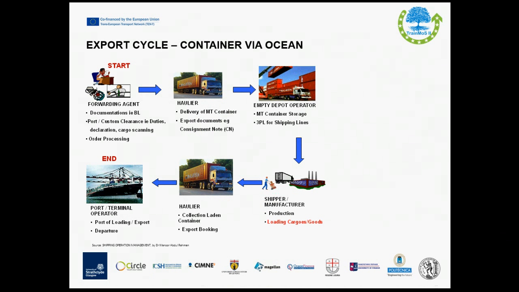It sends the container to the shipper, the manufacturer, the company that owns the cargo, which loads the goods on the container, and then the road transport company again collects the laden container, and the export booking is done, and then it goes to the port, the terminal operator, which is actually the port of loading and the port of export, and everything is prepared in order for the container to depart.